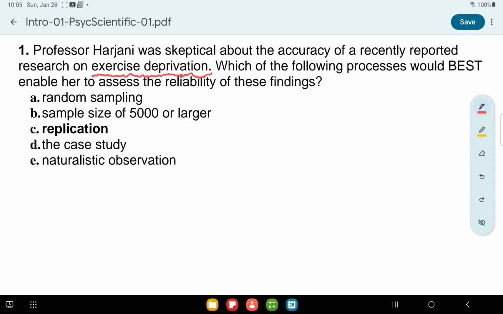How exactly do we assess as well as increase reliability?